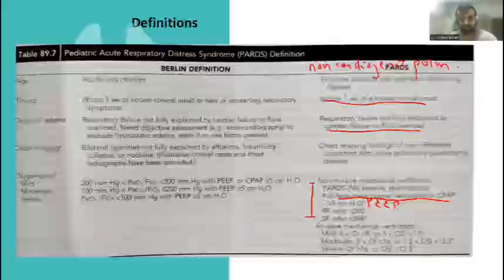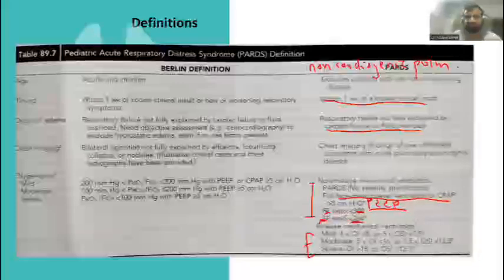In invasive ventilation, they have a good definition, but in non-invasive ventilation, you have to have more than 5 centimeters of water of peak end expiratory pressure with PF ratio less than 300 and SF ratio less than 264.